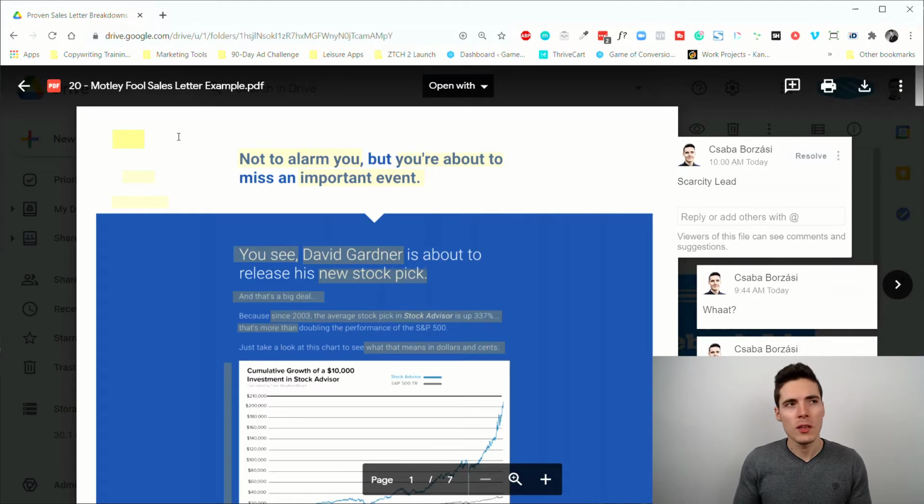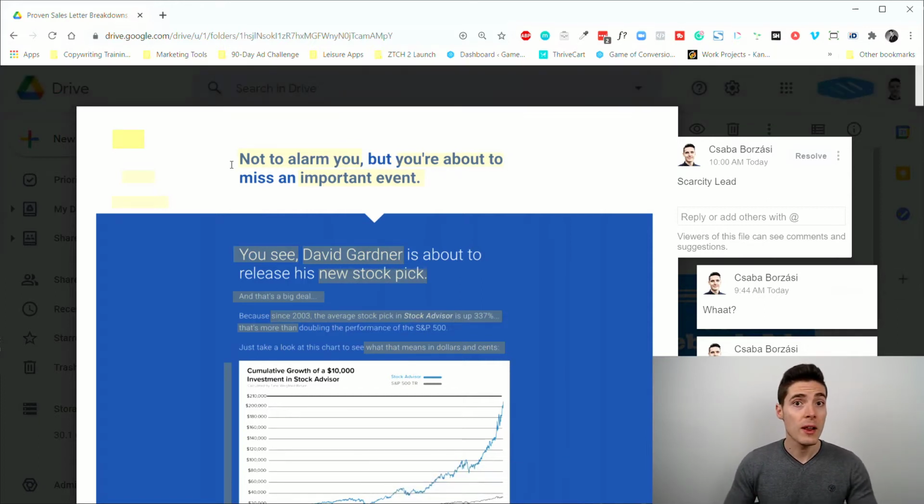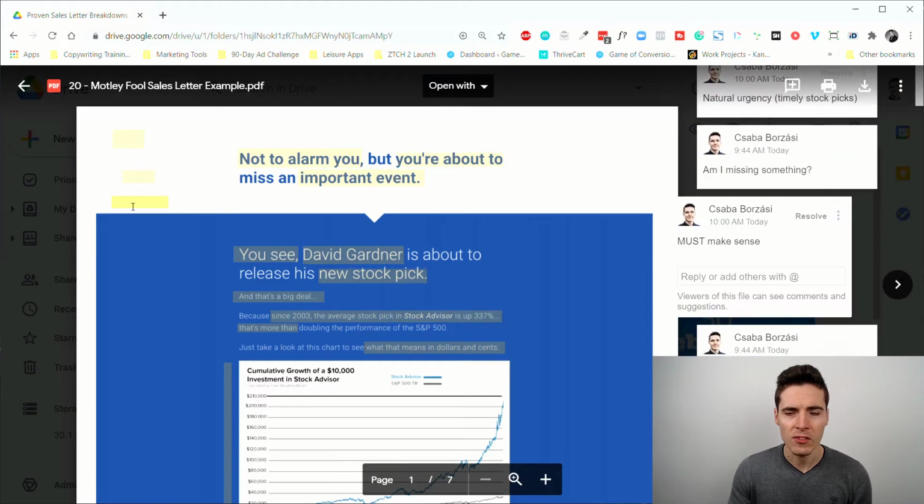But it usually works best with warmer audiences, like people who have been nurtured by email campaigns, for example. They know the brand somewhat, and then, whenever some urgency or scarcity comes along, naturally, they're more inclined to buy. However, and this is very important, this urgency and scarcity really needs to be on point, really needs to be logical and not scammy at all, okay? So it has to make sense why it's so important for people to take this offer.